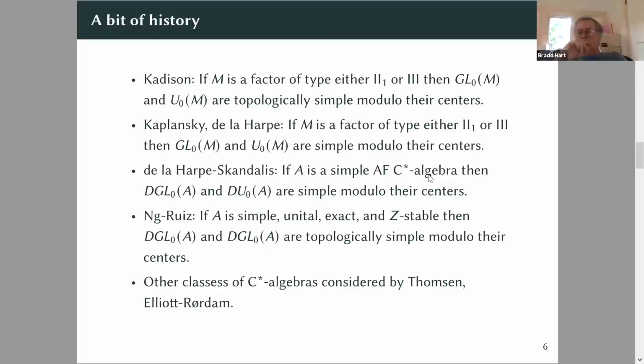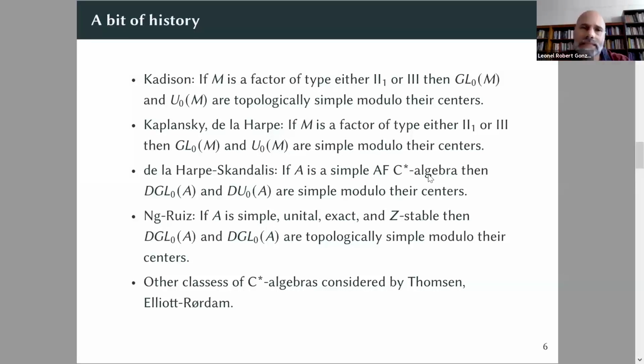The theorem of Cadison from the 50s says that he investigated the group of invertibles and the group of unitaries, and he proved topological simplicity modulo the center, meaning that if I take, say, the group of unitaries and divide by the center, then it has no closed normal subgroups.